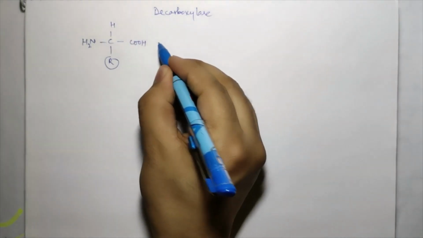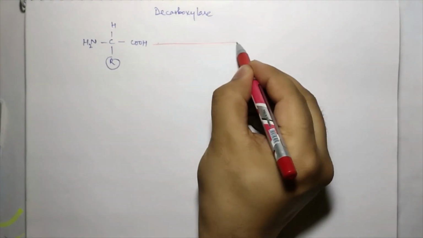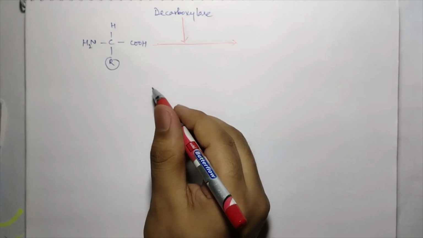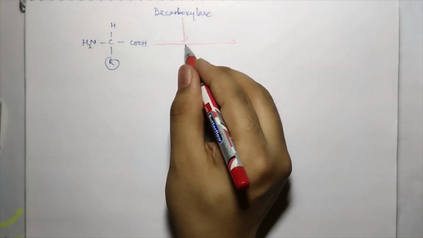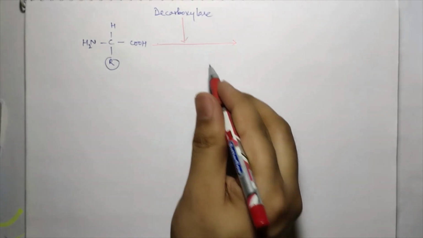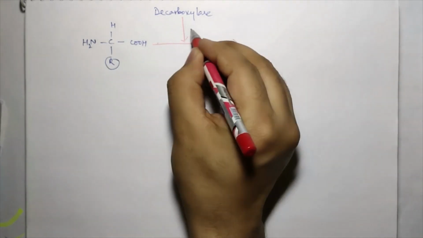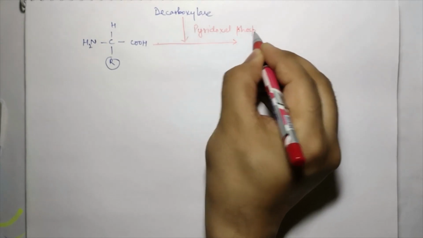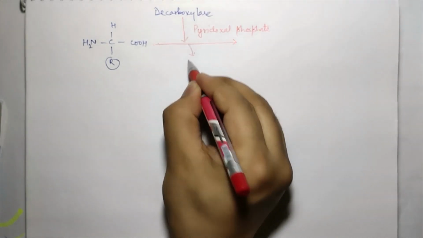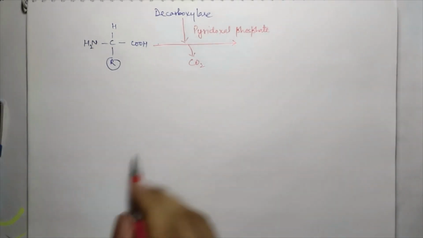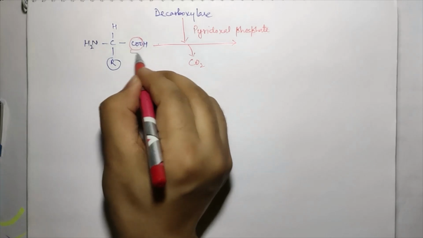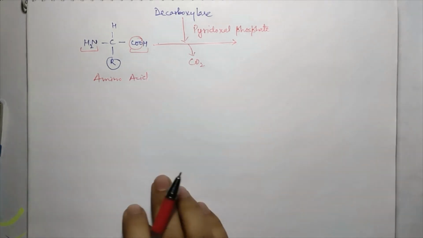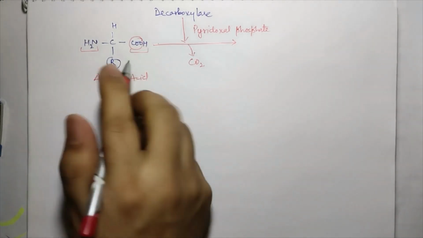When it is acted on by decarboxylase, which also requires pyridoxal phosphate as coenzyme, CO2 is removed from the carboxyl group.